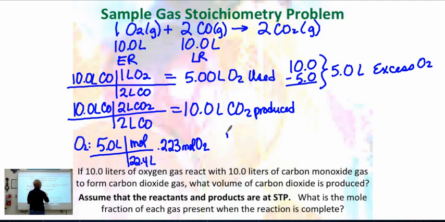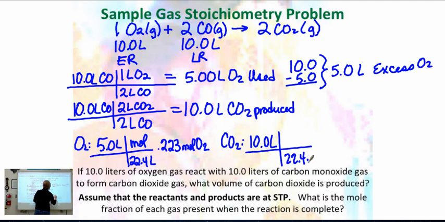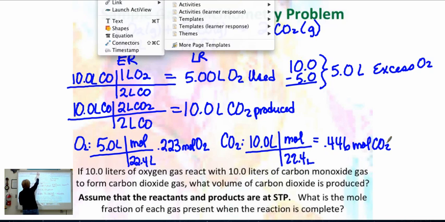And for my CO2, I have 10 liters, and we have 22.4 liters per mole. So I have 0.446 moles of CO2. I think I need to add another page.